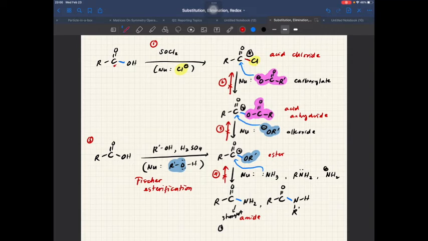Okay, we have a carboxylic acid reacted with alcohol in the presence of sulfuric acid. So what happens here is that sulfuric acid will activate this position so that the nucleophilic oxygen from the alcohol could attach itself to the carbon.